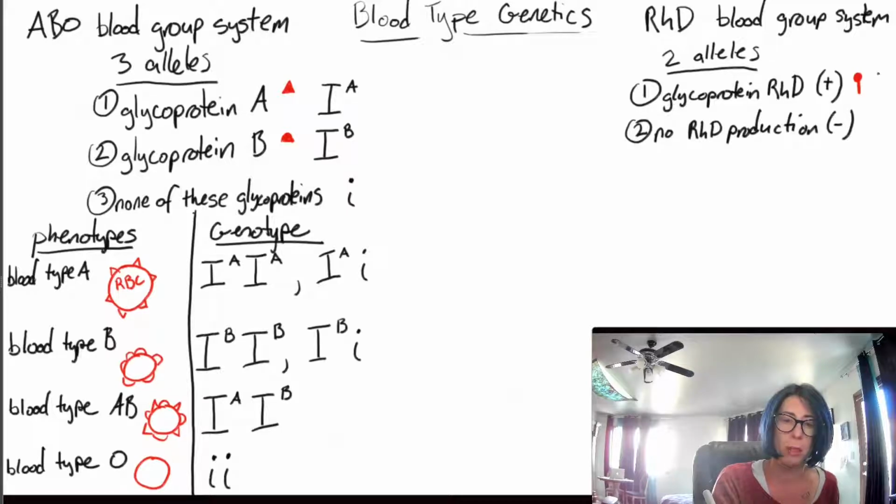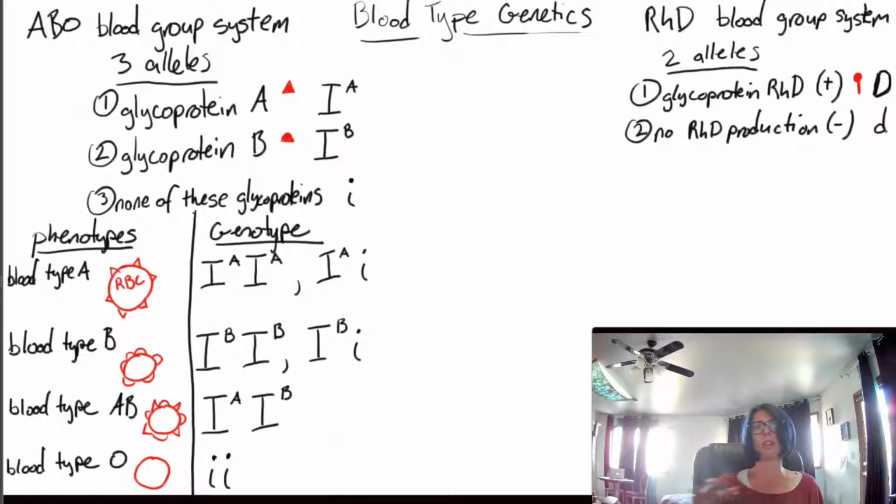We'll have a capital D for the dominant allele and a lowercase d for the recessive allele. So no RHD glycoprotein production is recessive. Yes, glycoprotein RHD production is dominant.